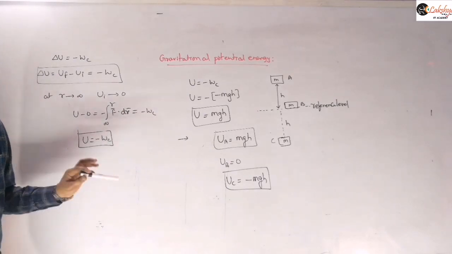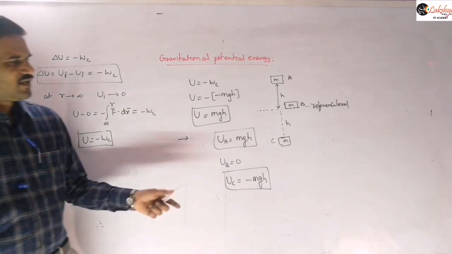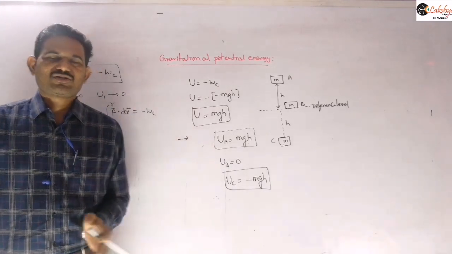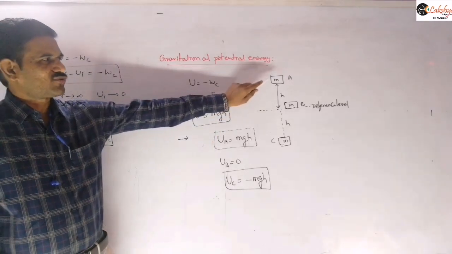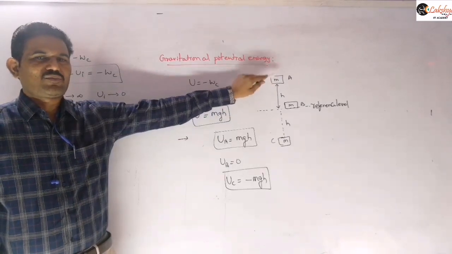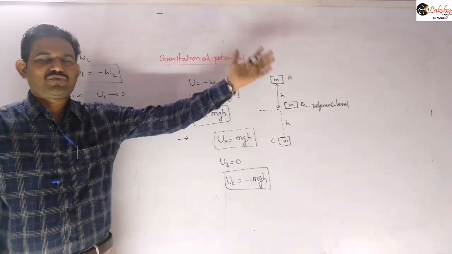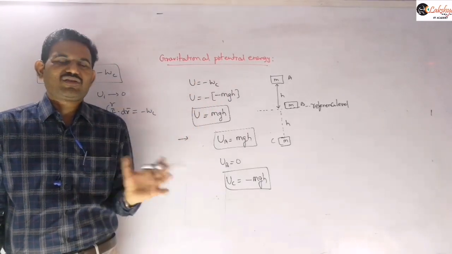Next, mention a common point regarding potential energy. Whenever you are defining the potential energy of the system, it is not confined to any one object. If you are defining the potential energy of this object, it does not belong to only this object. It is the gravitational potential energy of that object and the earth. It is associated with both the objects.